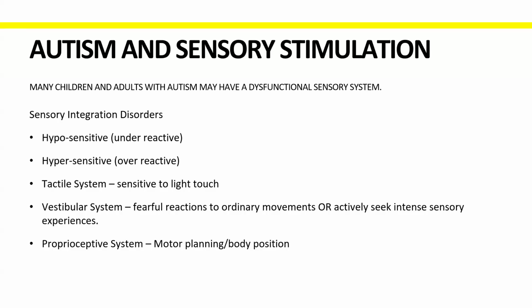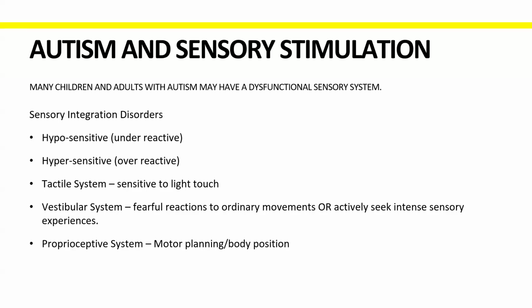And dysfunction in the vestibular system can manifest in one of two ways: either being hypersensitive and fearful of ordinary movements, such as swings, slides, ramps, and inclines, or being hyposensitive and actively seeking out intense sensory experiences like spinning, excessive body whirling, hand flapping, or jumping.